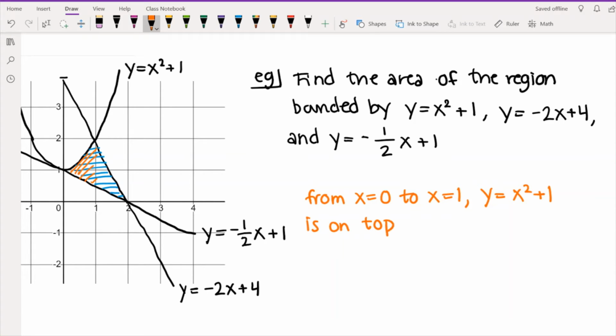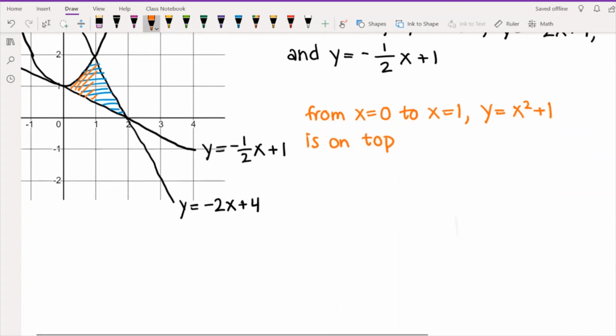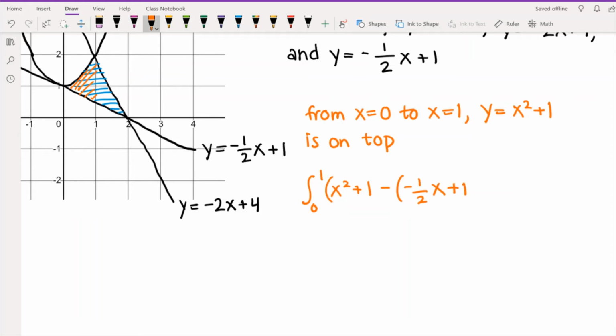And as we mentioned before, that line is on the bottom, y is equal to negative 1/2 x plus 1. And so to find that area, we'll do the integral from 0 to 1 of x squared plus 1, and then from that we want to subtract negative 1/2 x plus 1.